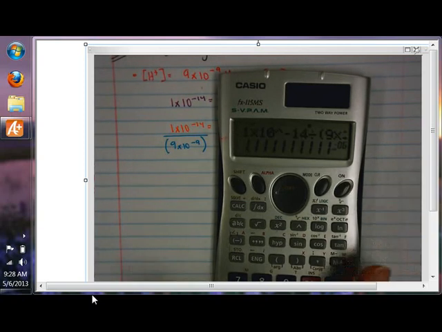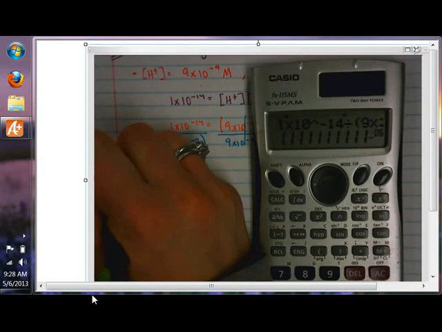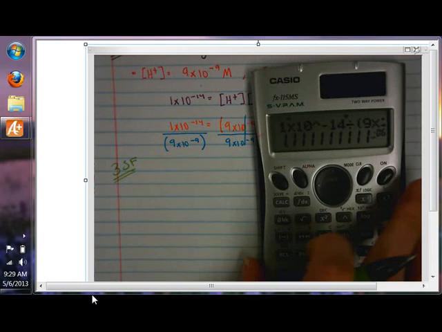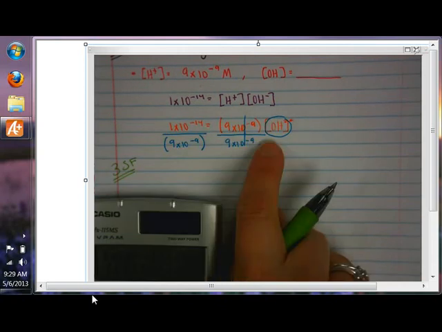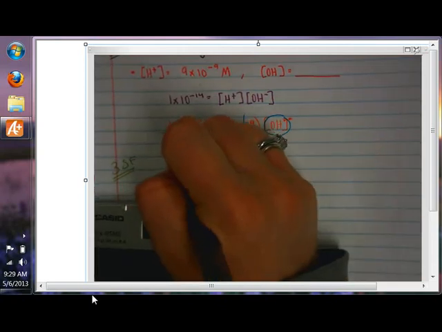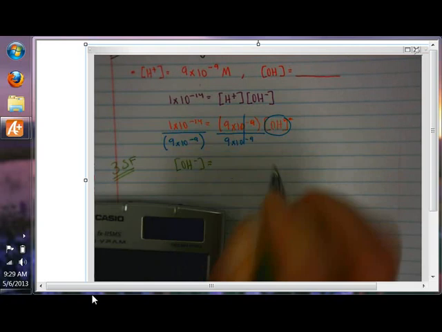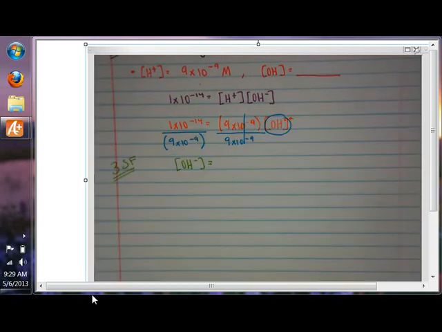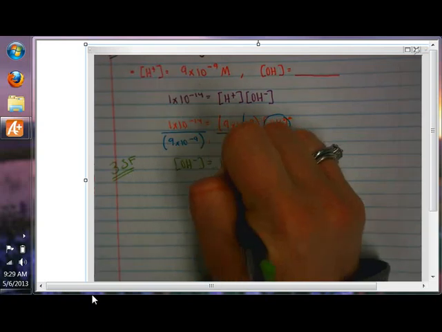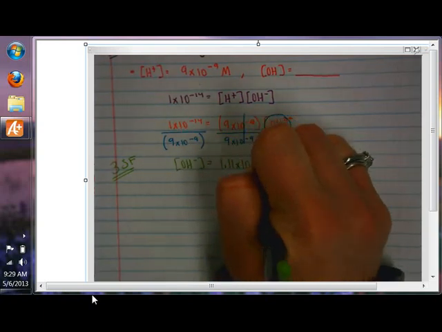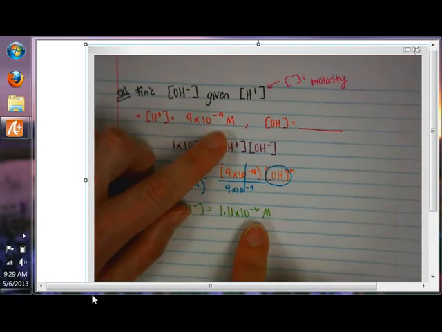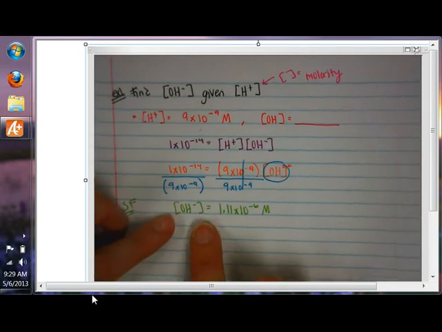And I get this number here, and we're giving everything in this chapter 3 sig figs. So my concentration of hydroxide equals 1.11 times 10 to the negative 6, and it is molarity, because that's what these brackets mean.